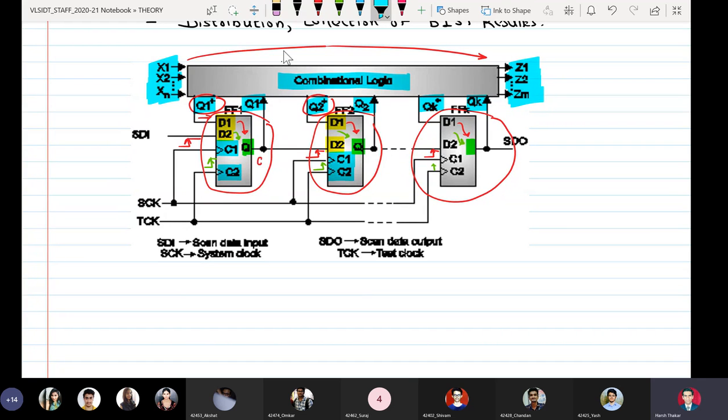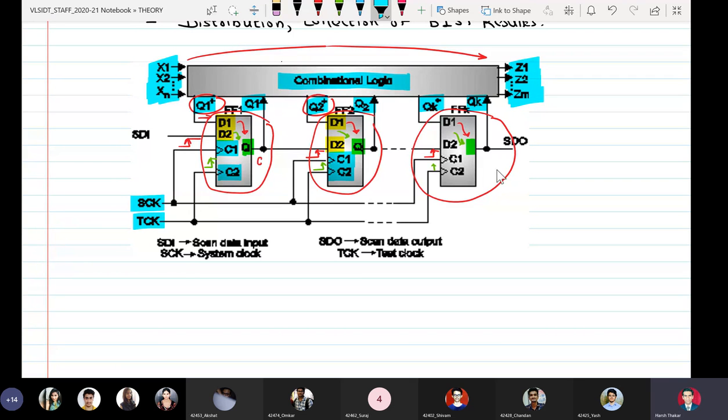We also see that there are two clocks here. This is SCK and this is TCK. SCK is the system clock or the normal clock, and TCK is a test clock. That means this particular setup has the ability to operate as a normal D flip-flop based system. It is called normal mode, and at the same time, if you want to test it, you can also test it. SCK is applied to the first clock input C1 of each dual port D flip-flop, while TCK, the test clock, is applied to the second input C2 of the individual flip-flops.